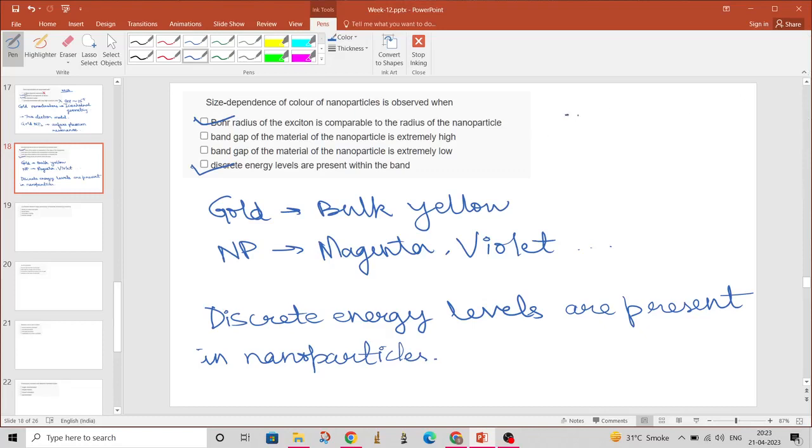Suppose these are the discrete energy levels in some size S1.